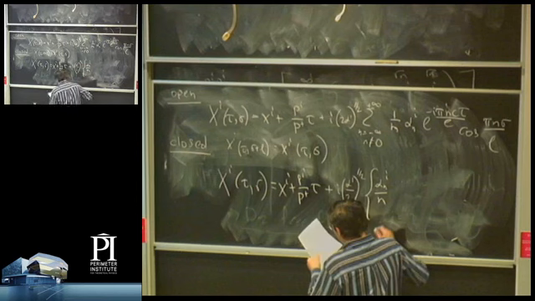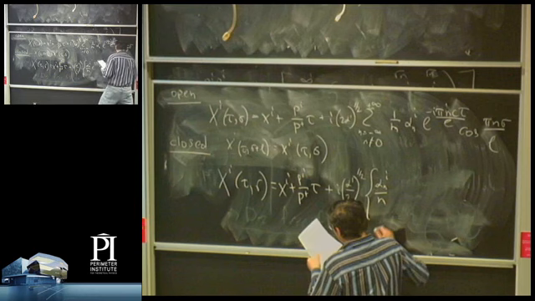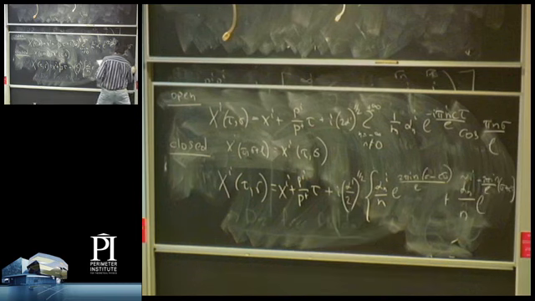Alpha I over n, and then e to the 2 pi i n, sigma minus c tau divided by L. Then I have plus alpha n tilde I divided by n, e to the minus 2 pi i n over L, sigma plus c tau.